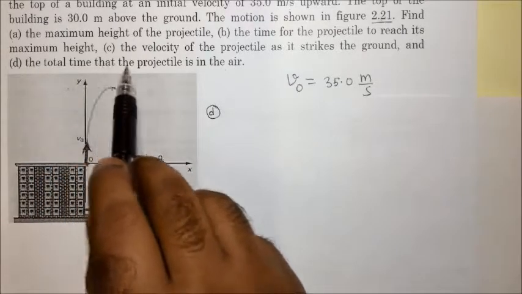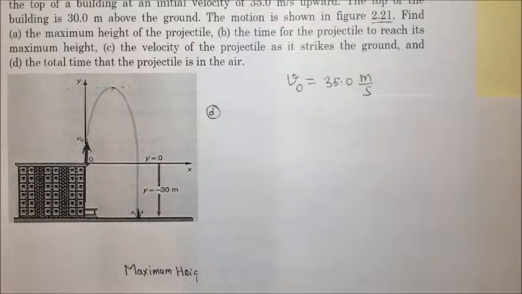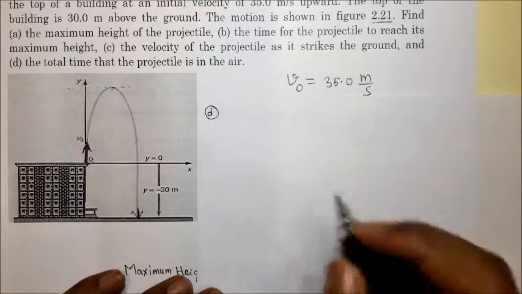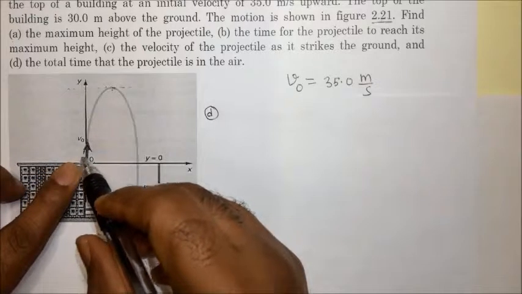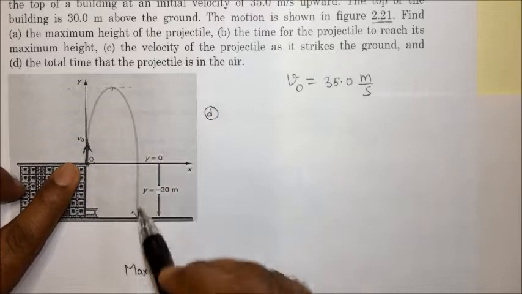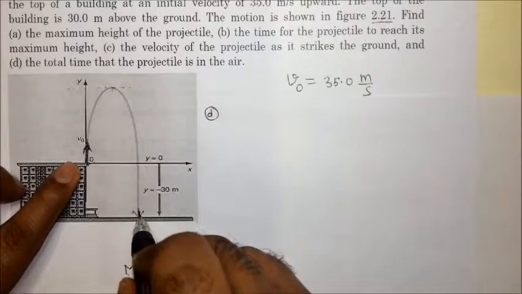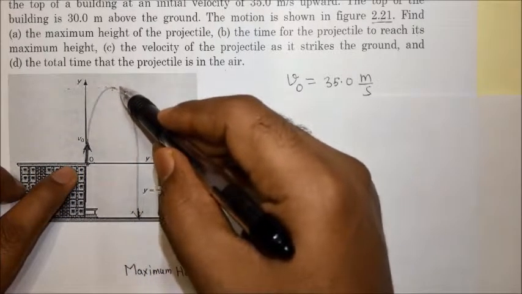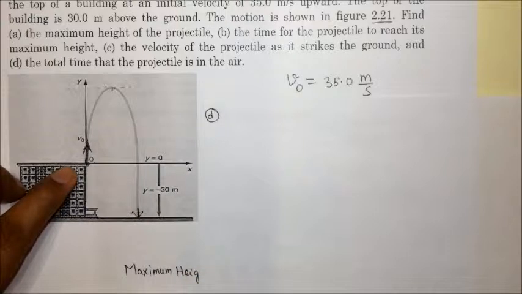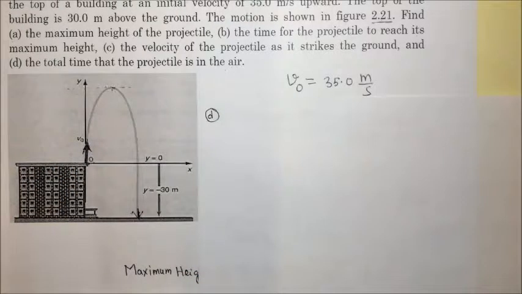The total time that the projectile is in the air. How to do this one? Let's see that. So starting point is here, goes all the way up and comes back to the ground. Okay, we are looking at time from here all the way up and back to the ground. How to do this one?